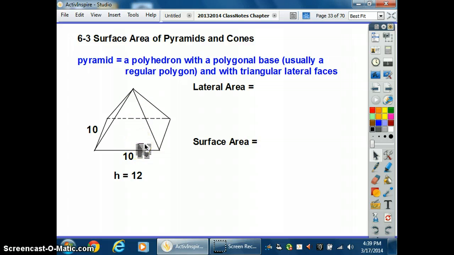Why don't we draw that in? Okay, so we're going to draw in the height. We're going to go to the center, make a right angle, and we're going to come out here. Okay, and then this line right here would be our slant height.